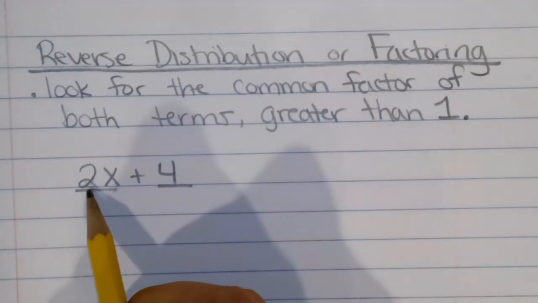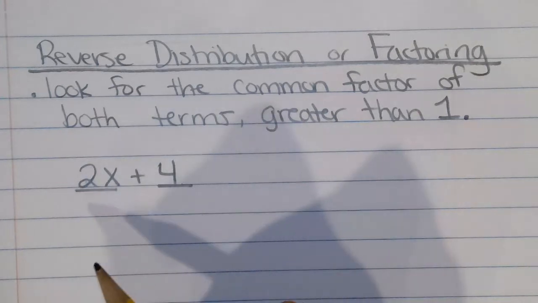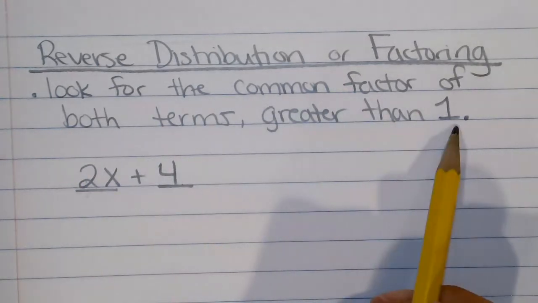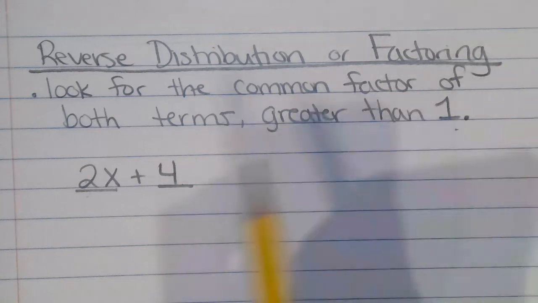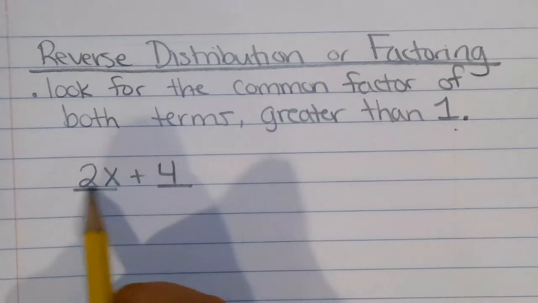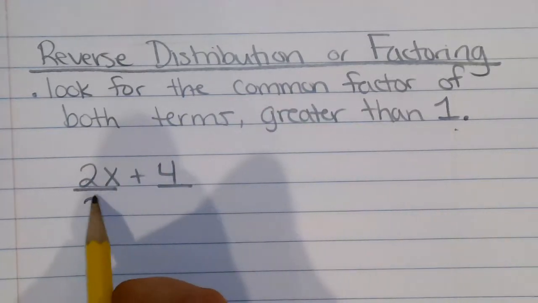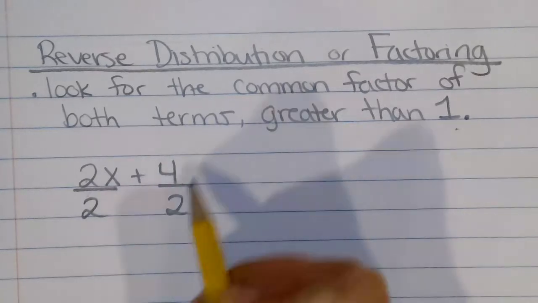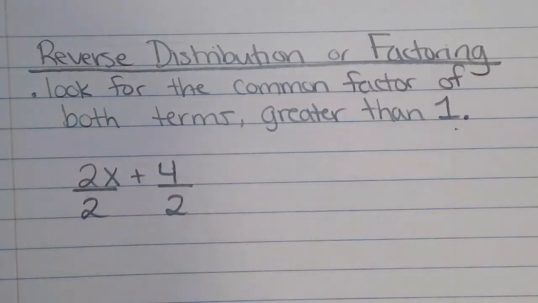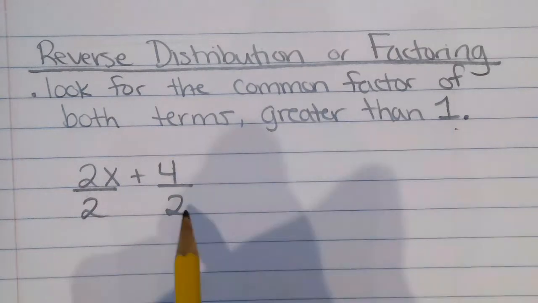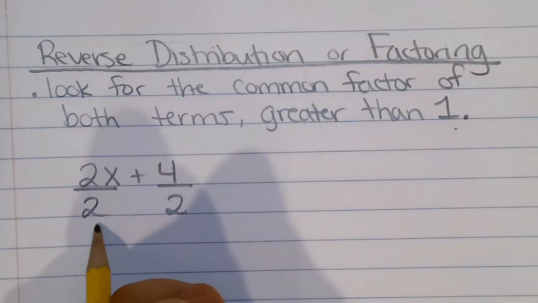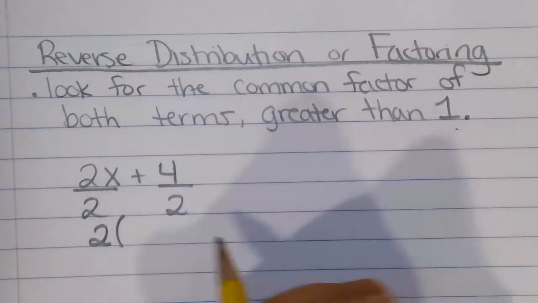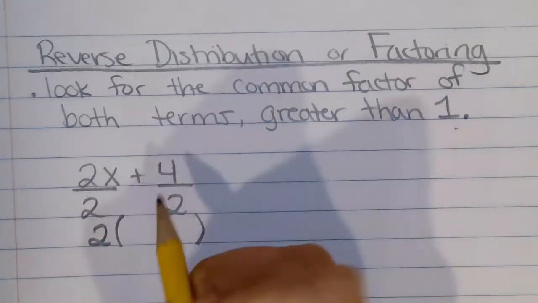Well, for 2, the only factors are 1 and 2, and I can't use 1. It has to be greater than 1. So I'm going to use 2. 2 divided by 2 and 4 divided by 2. Can 4 be divided by 2? Yes, it can. So now I know that 2 is going to go on the outside of my parentheses.